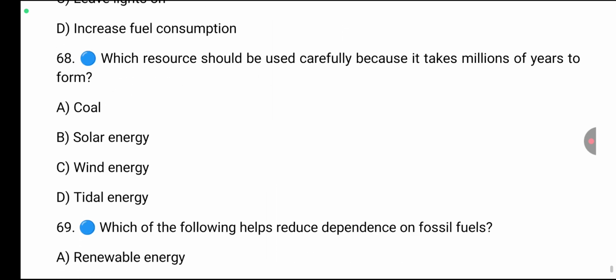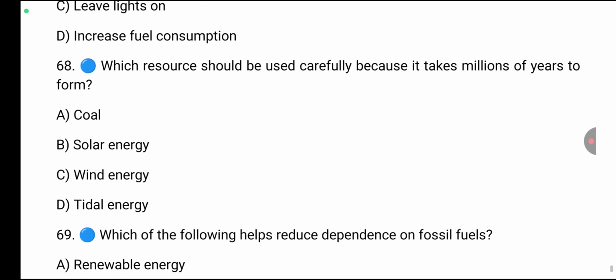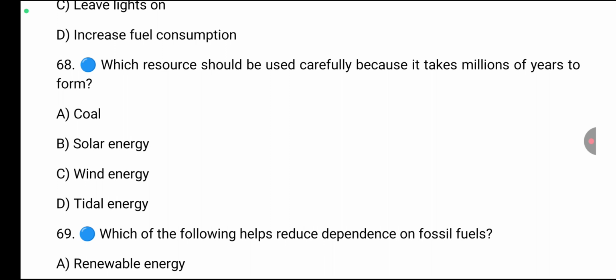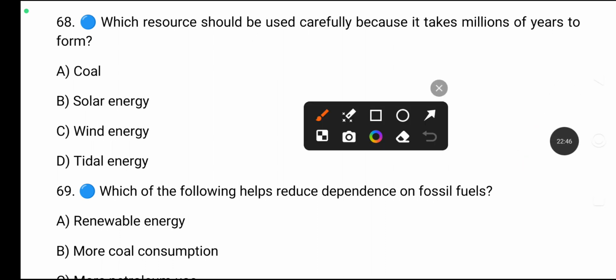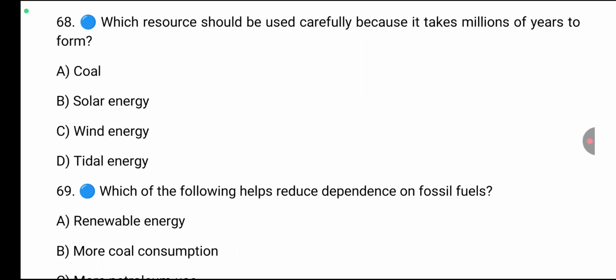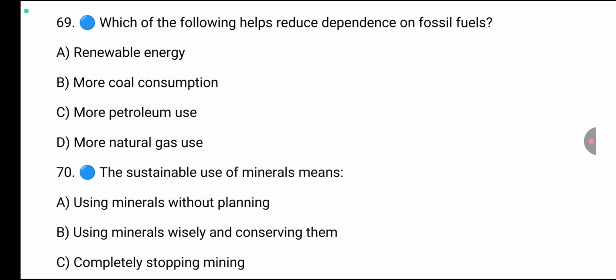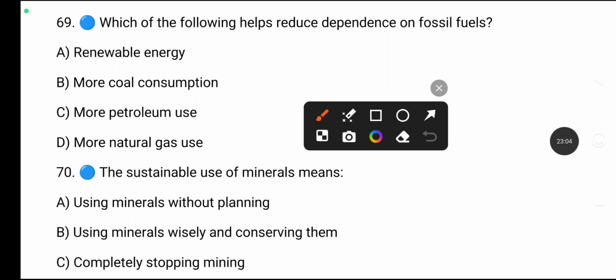Now moving on to question number 68. Which resource should be used carefully because it takes millions of years to form? Solar energy, wind energy, coal. That is coal, it takes millions of years. Now moving on to question 69. Which of the following helps reduce the dependency on fossil fuels?